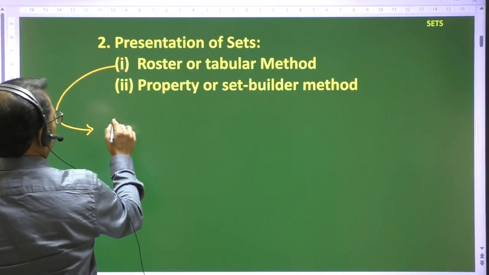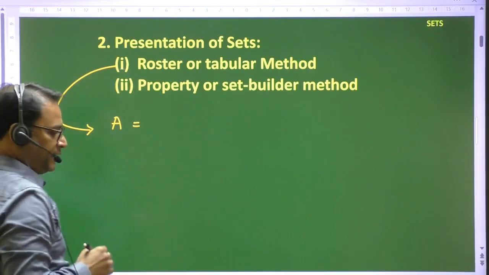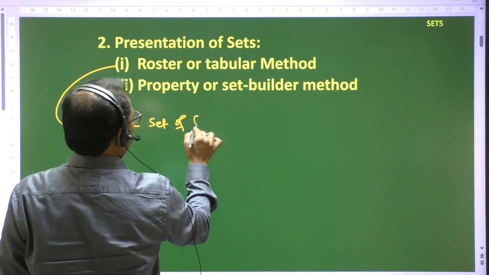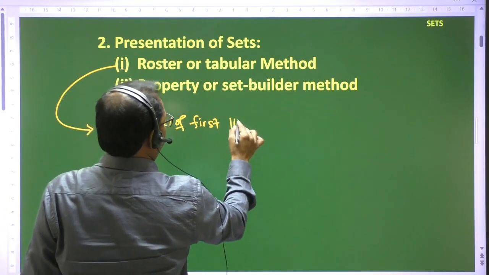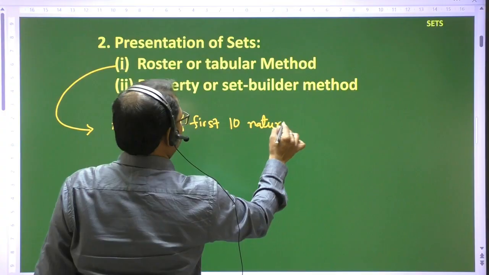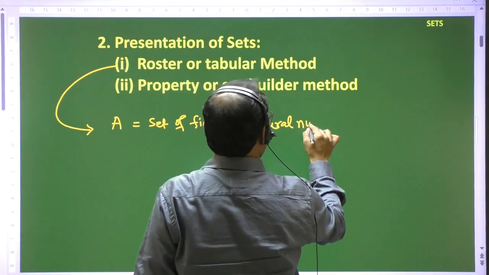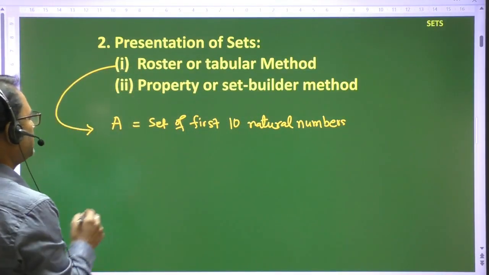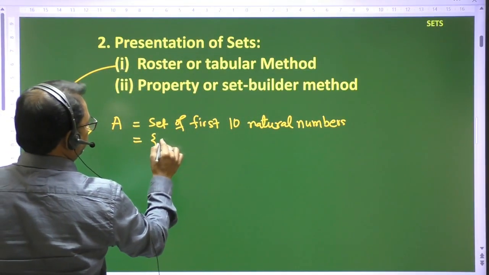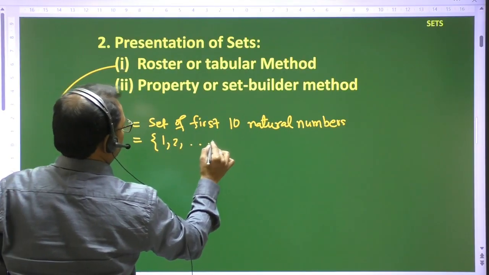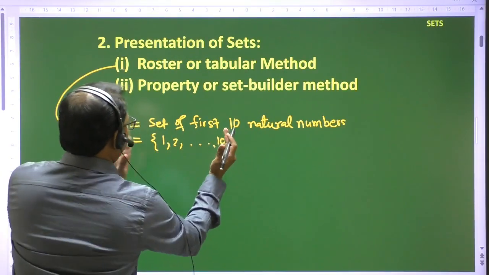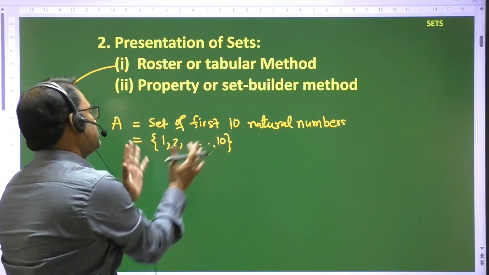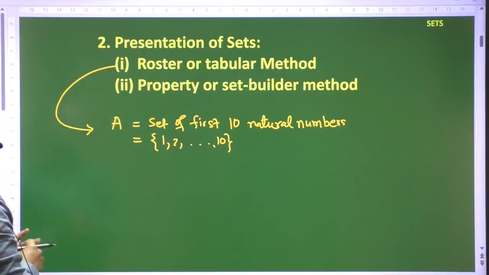For example, if you write A is a set of the first 10 natural numbers, then in the roster or tabular method we list all the elements, separated by commas, and use curly brackets on both sides to denote the collection.